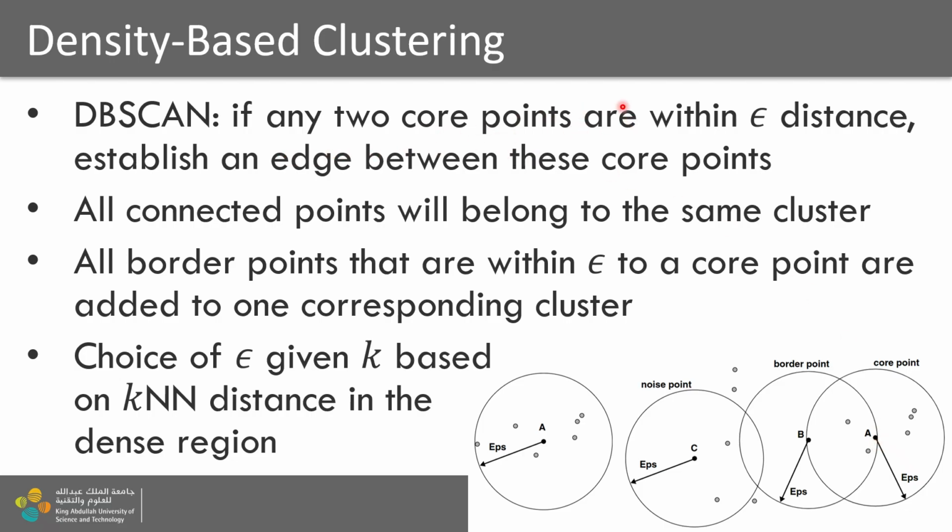Any two core points within epsilon distance establish an edge between them. So if these are all core points, A will be connected to this, this, this, and this point.